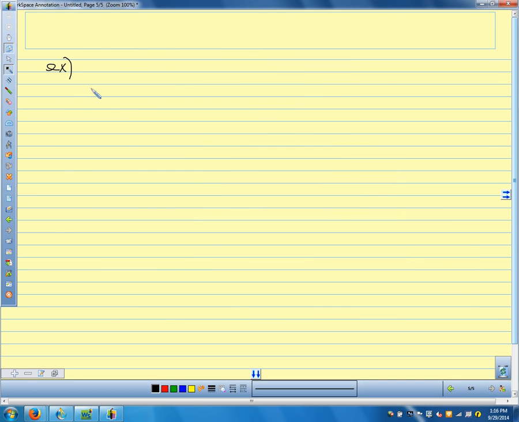So let's find the inverse cosine of square root of 3 over 2. So this is asking us what angle between 0 and pi has a cosine of square root of 3 over 2. Cosine is our x-coordinate.